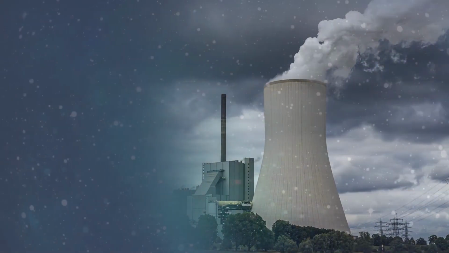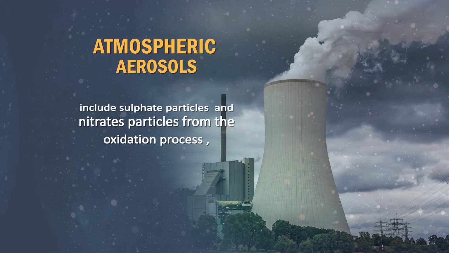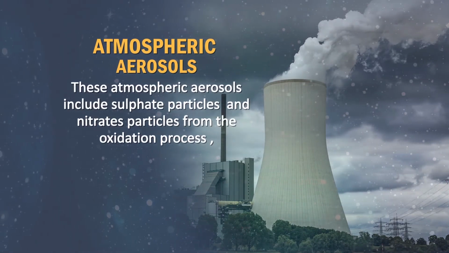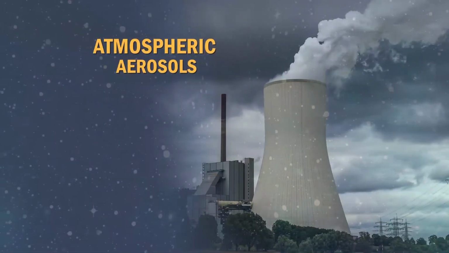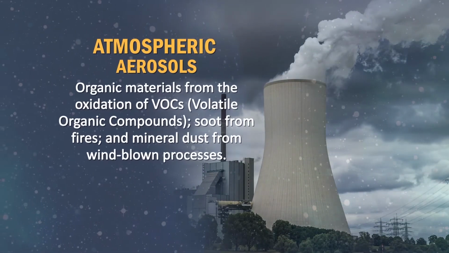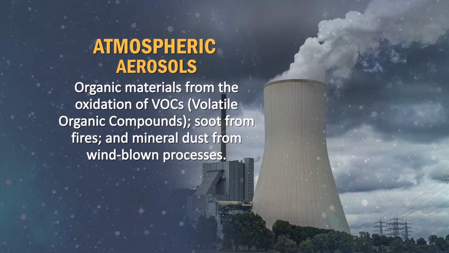These atmospheric aerosols include the sulfate particles and nitrate particles from the oxidation process that can take place during the burning of fossil fuels, the burning of organic materials, from the oxidation of volatile organic compounds, and also the soot particles from the fires and mineral dust from the wind blown processes that are taking place in the desert regions.